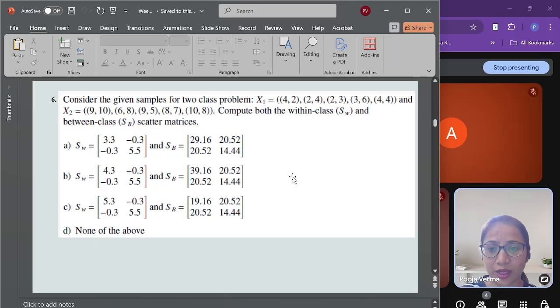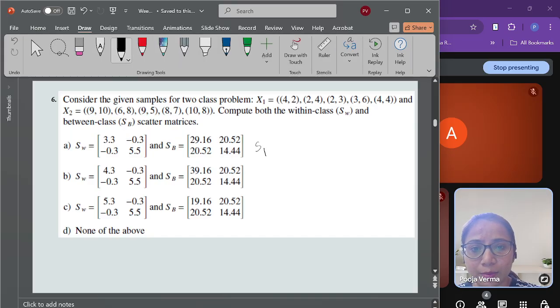I forgot to calculate the overall S1. We have calculated the covariance matrix and I named it S1. We have got this matrix for S1, that is 4, minus 1, minus 1, 8.8, right?